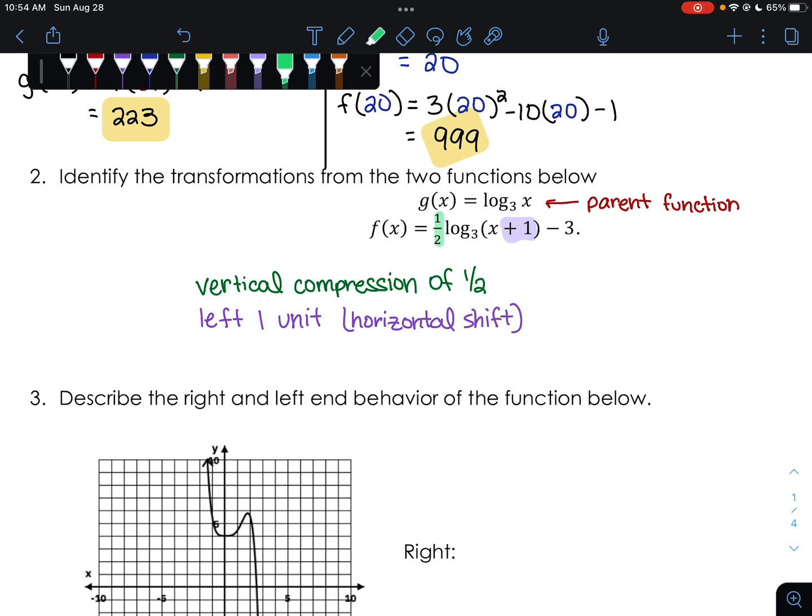Then I have the -3 on the outside. Since it's minus, this goes down 3 units. And this is a vertical shift. And that's all the transformations that take place.